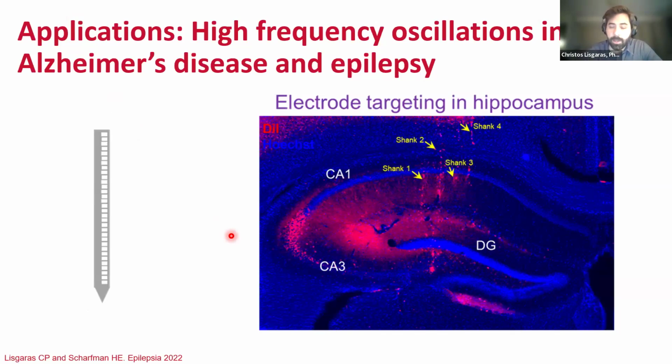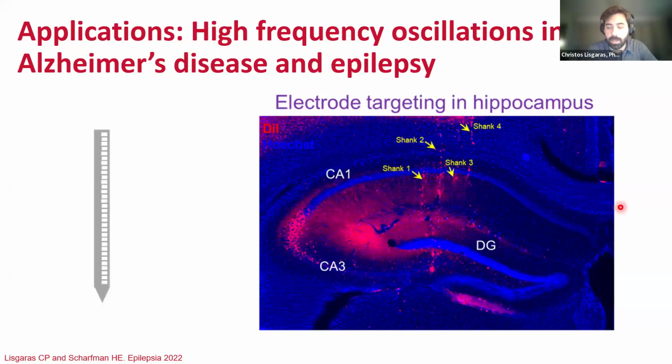So what we did here is that we used an electrode that has many contacts. This is called a silicon probe, as I described previously. We implanted them in mice that recapitulate aspects of Alzheimer's disease, and we asked whether we could see something similar to what we see in epilepsy. And in this case, we were interested in high frequency oscillations.